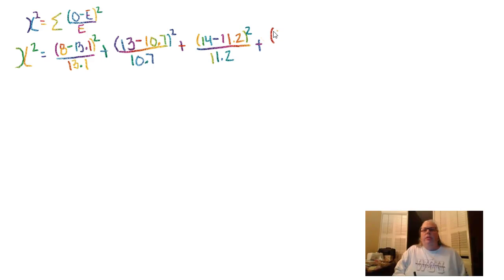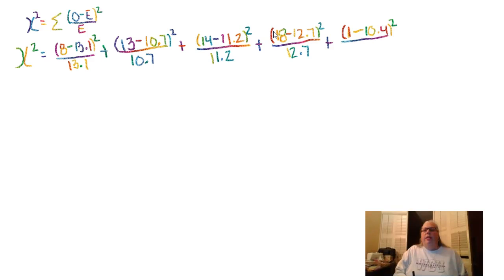All right, the observed frequency in cell B1 was 18, and its expected frequency was 12.7. I'm going to square that and divide it by 12.7, plus the observed value in cell B2, this was 1, and we're going to subtract the expected frequency, which we got to be 10.4.